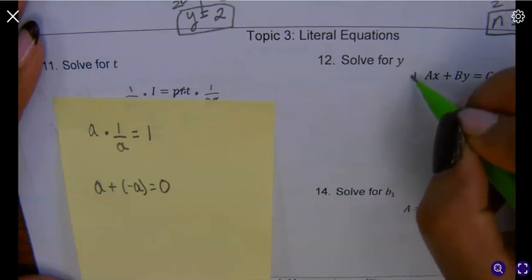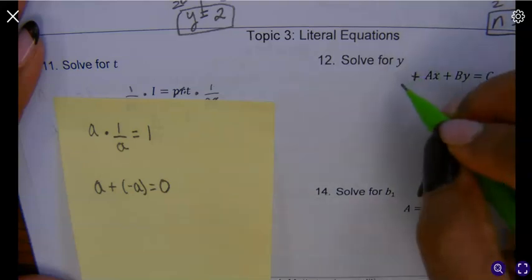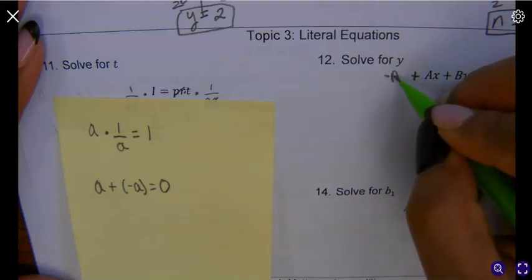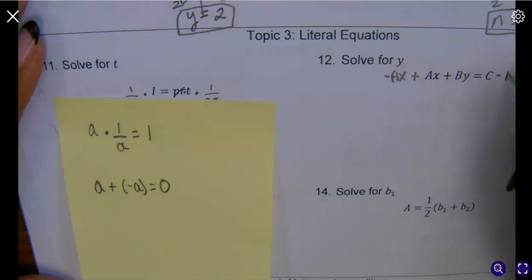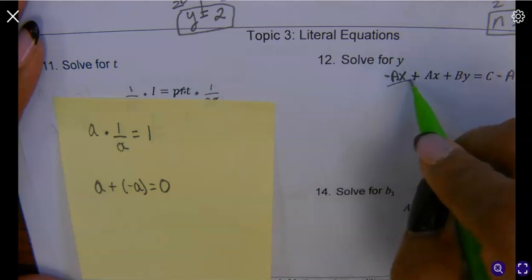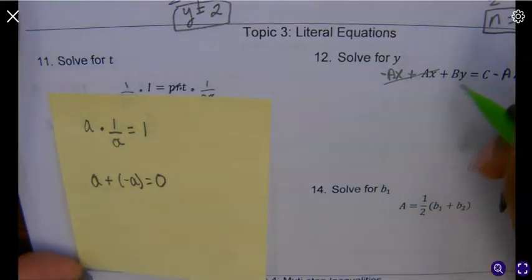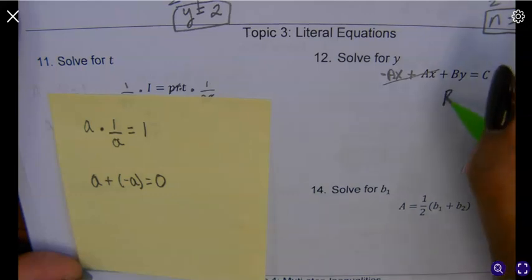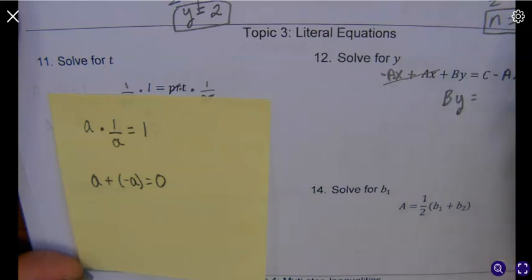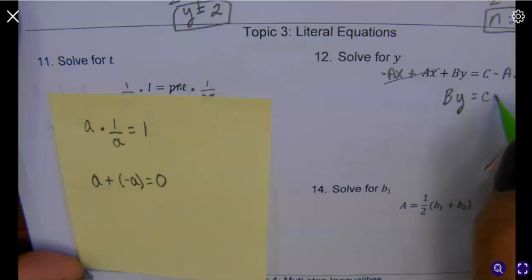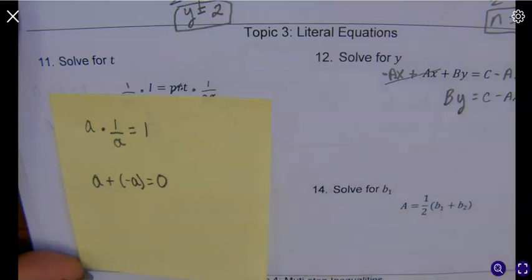If I add the inverse of ax, it would be negative ax. So I'm going to put negative ax on both sides. What that allows me to do is get it out. Then you have just a 0, and a 0 plus anything is itself. So you just have by equals c minus ax.